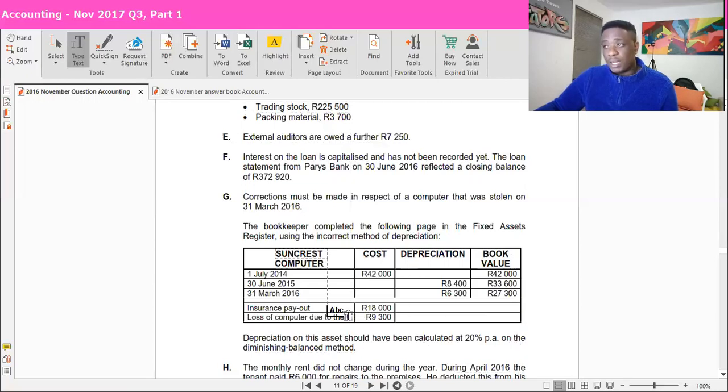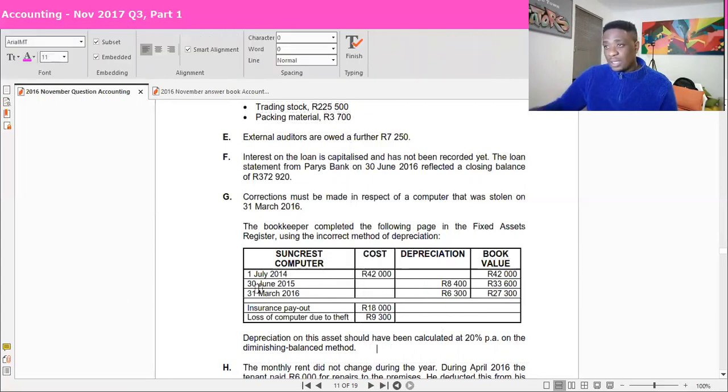So the diminishing balance method means that we take the carrying value of the previous year, in other words, at the beginning of the year, and then we multiply by 20%. And because we've had this computer in the business for 9 months up until 31 March 2016, we'll multiply by 9 over 12. That would be something that looks like this. 33,600 multiplied by 20%, multiplied by 9 over 12.